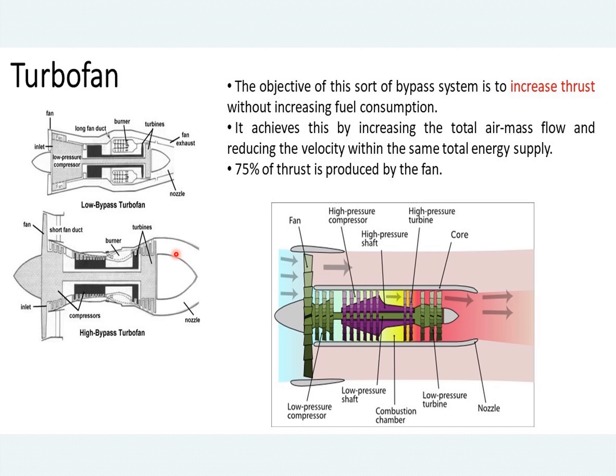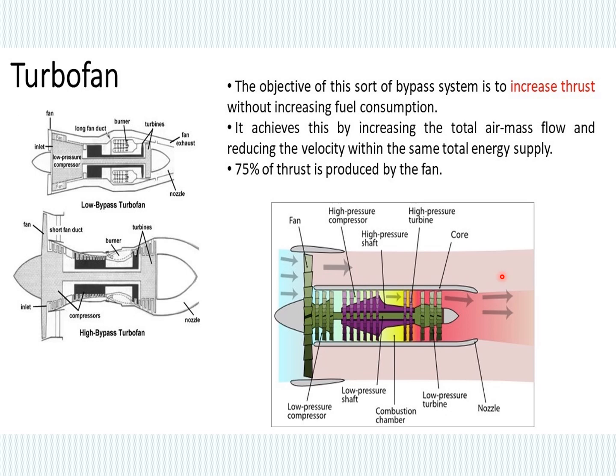All the components are the same as a turbojet engine, but here we have one fan in front of it. A partial airflow goes through the engine, the remaining bypasses the engine.